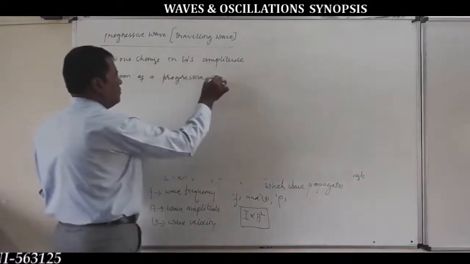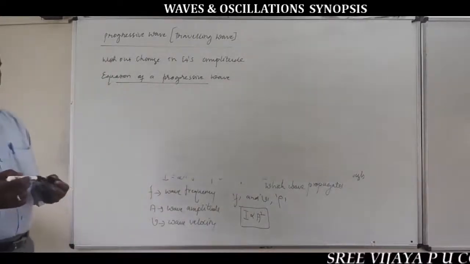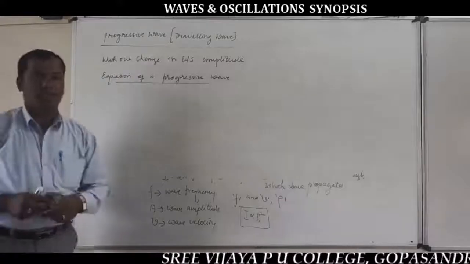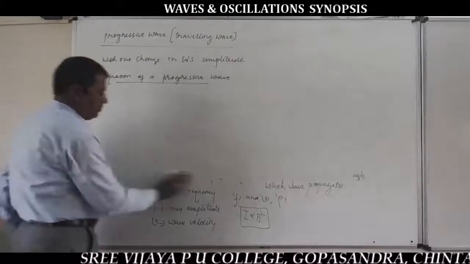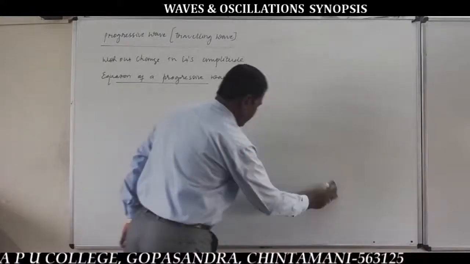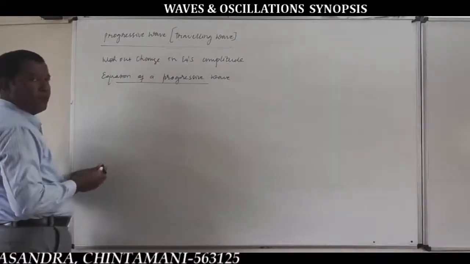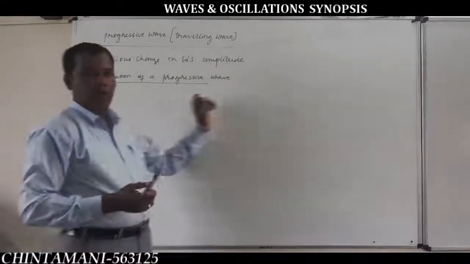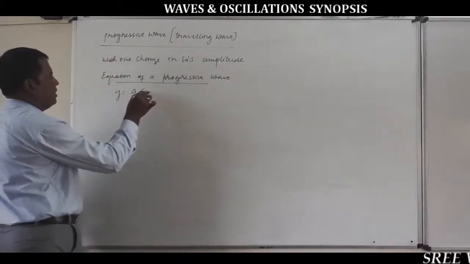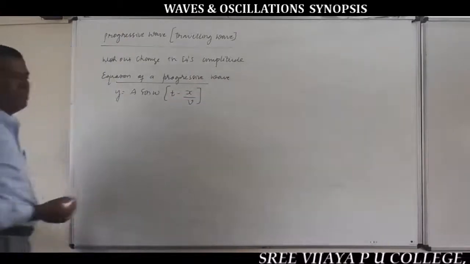So, the equation of a progressive wave. It can be shown that the equation for a progressive wave which is traveling along the positive x-axis is given by y is equal to a sin omega into t minus x by v.